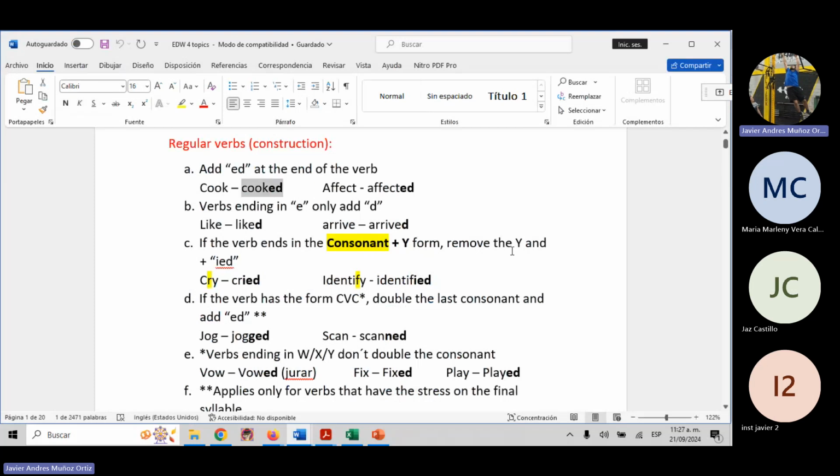However, if the verb already ends in E, we only add the letter D. That's it. Additionally, if our verb ends in Y and is preceded by a consonant, the Y is going to be replaced by IED. So cry, cried.